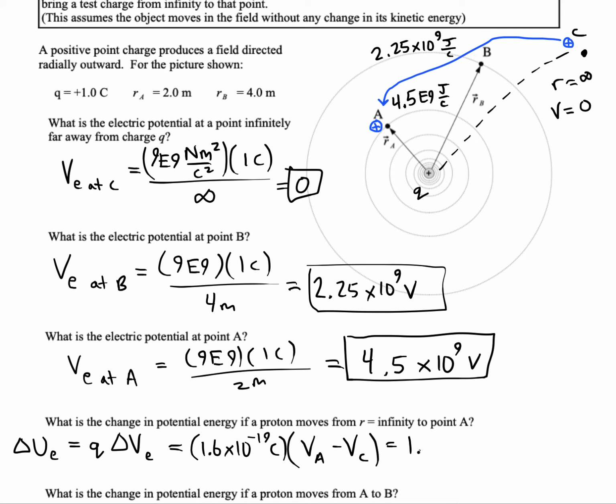All right, so that's going to be this. We see that our potential at A is much higher than the potential at C, so it's going to be 4.5 times 10 to the 9 minus 0. I'm getting 7.2 times 10 to the minus 10 joules.